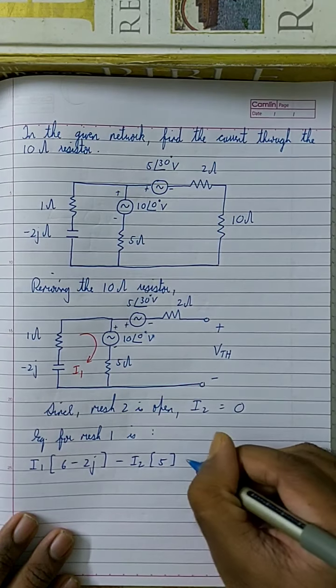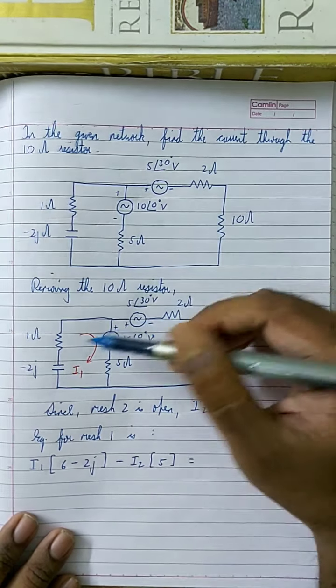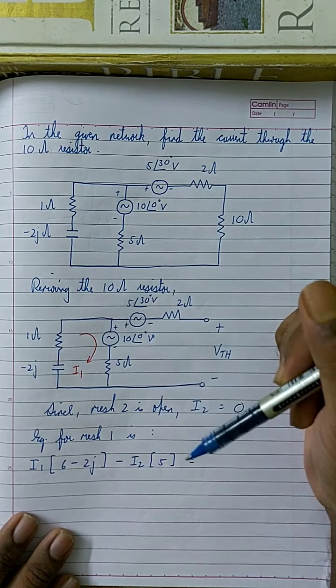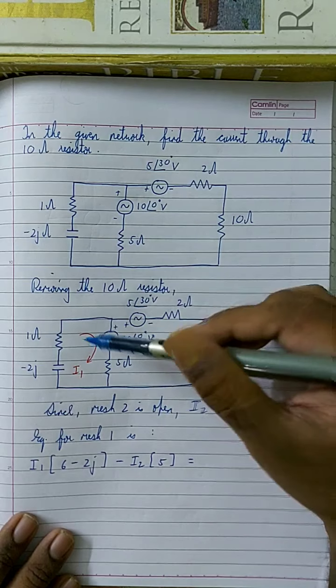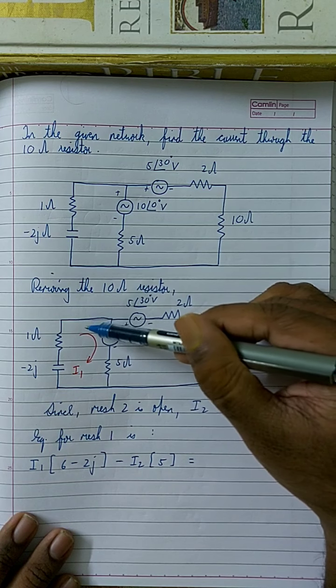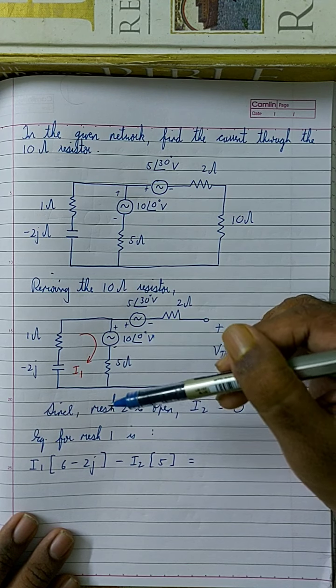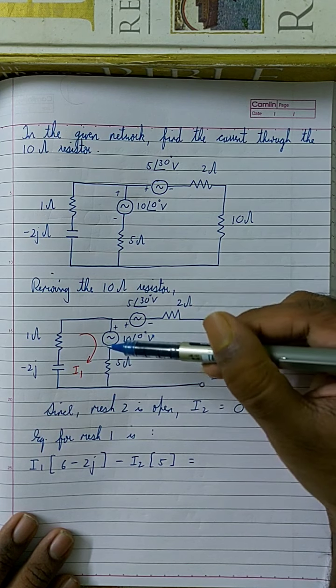Is equal to, and the voltage source is in this direction. This is 10 angle 0, but this current I1 is flowing into the positive terminal, which means this positive terminal is not generating I1, it is opposing I1. Usually the positive terminal of a battery is supposed to generate current, but this is opposing current.